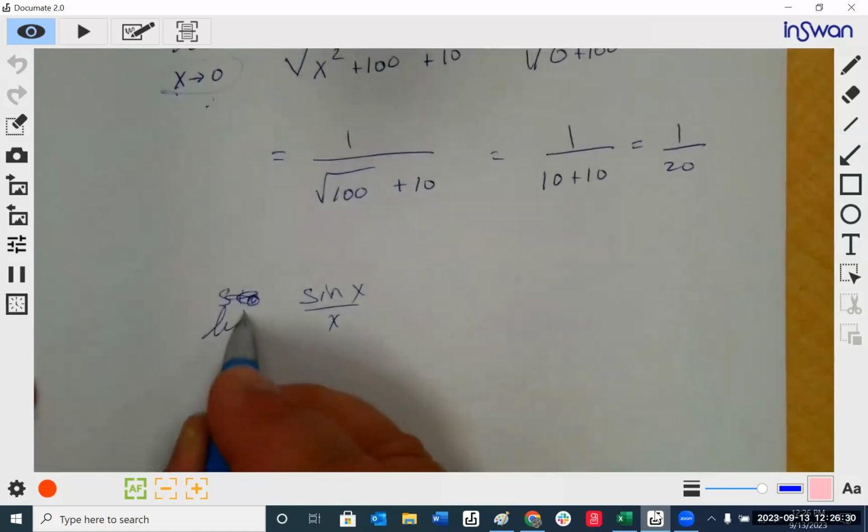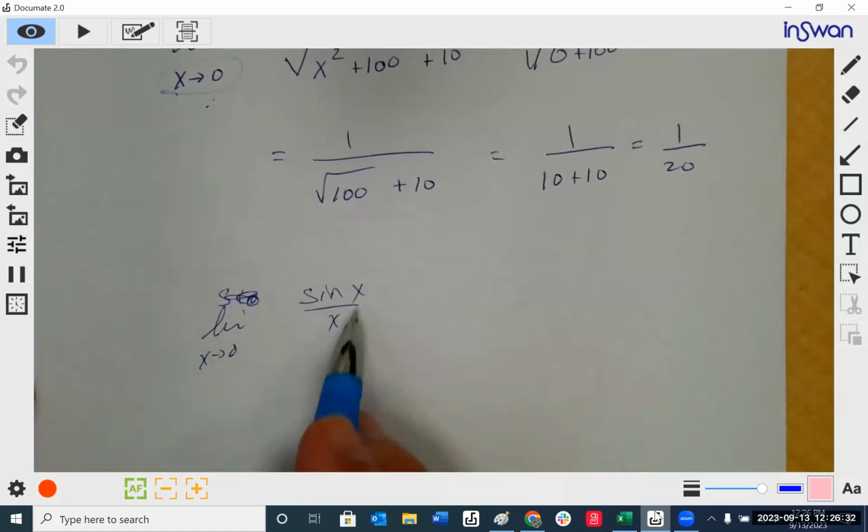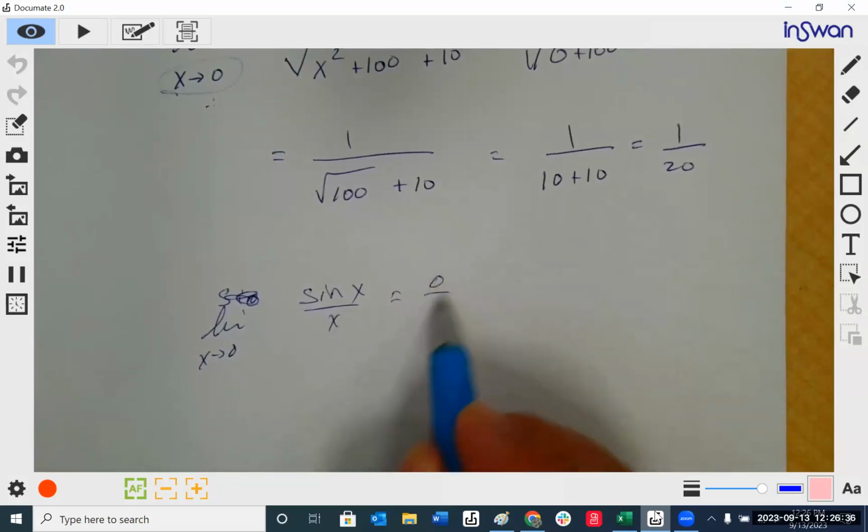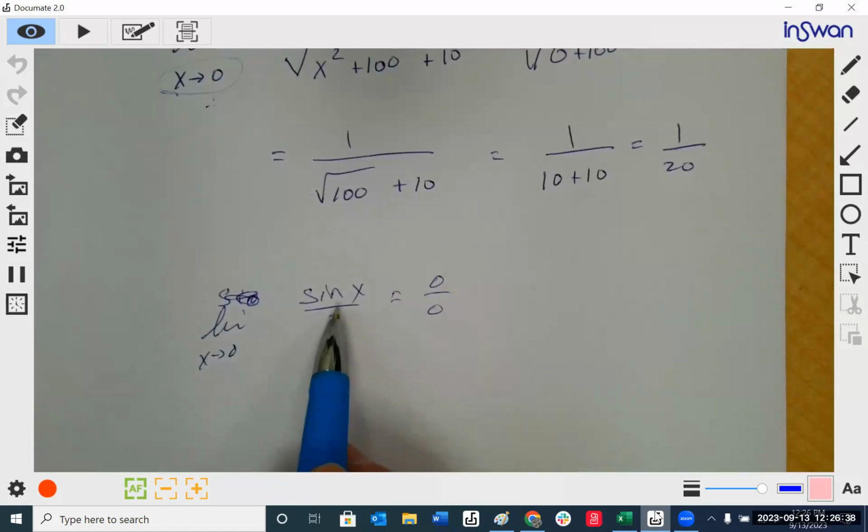So if we're looking at the limit as x approaches 0, what is sine of 0? But can you factor out sine? Yes, you can, knowing trigonometry, but we have to show you how this works.